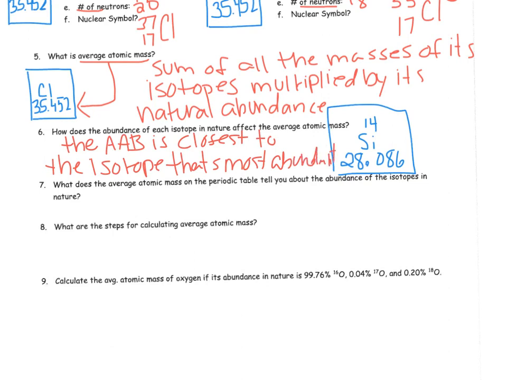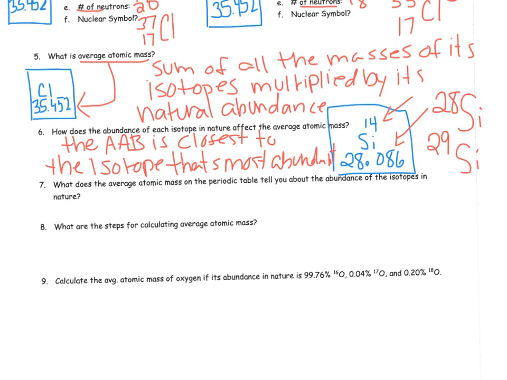For example, here I have silicon. Silicon's atomic number is 14. That's its average atomic mass. So the number 28.086 is closest to 28. So I have silicon 28, and silicon has another isotope. Can you guess what it is? It is 29. And the most abundant isotope of silicon is 28, because 28.086 is closer to 28 than it is to 29.